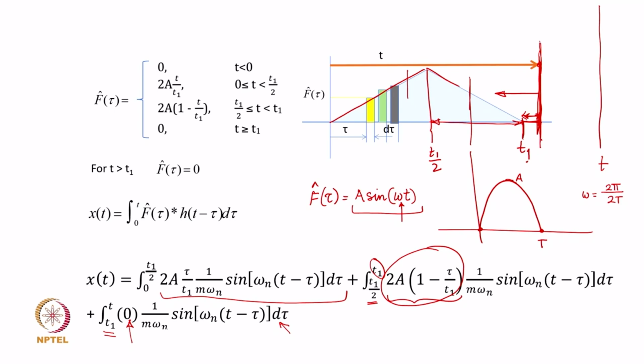But what is important and to be kept in mind is appropriately capturing the mathematical expression of the force variation and taking the appropriate integration limits, because this is the most important part. If you make a mistake here, the resulting expression will be erroneous.